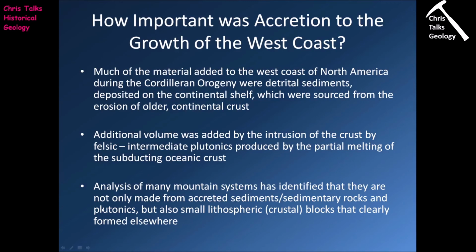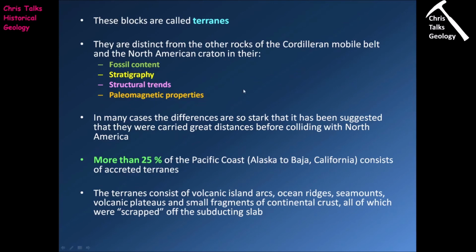The analysis of many mountain systems has identified that they are not only made from accreted sediments, sedimentary rocks and plutonics, but they also contain what are referred to as small lithospheric blocks, which will have formed elsewhere, and they will have been transported in essentially on the oceanic crust, which is subducting under the continental crust. So these blocks are referred to as terranes.